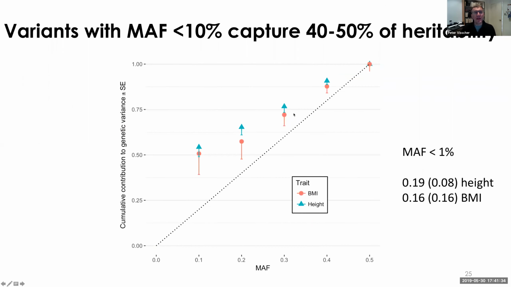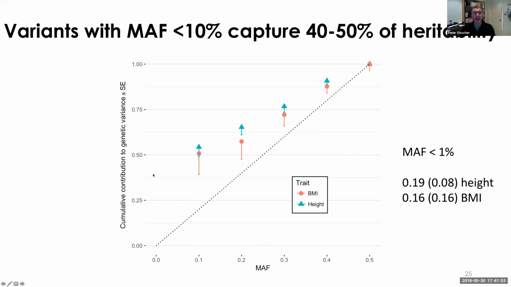So finally, to come back to where we started, which was talking about genetic architecture and plotting the cumulative contribution of genetic variance as a function of minor allele frequency, we end up with this picture on slide 25.